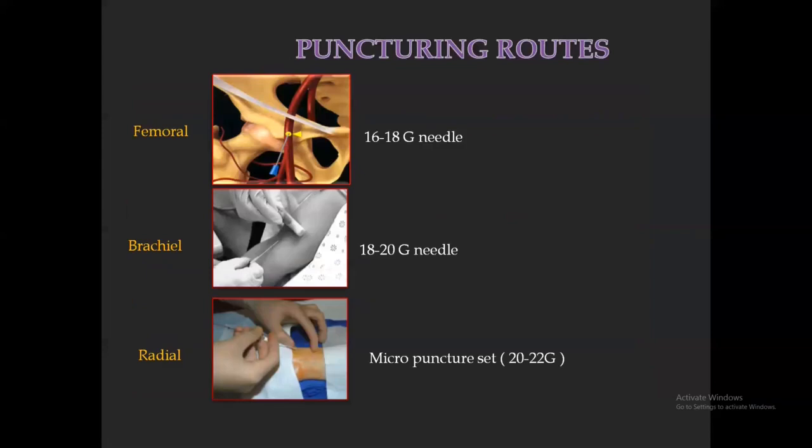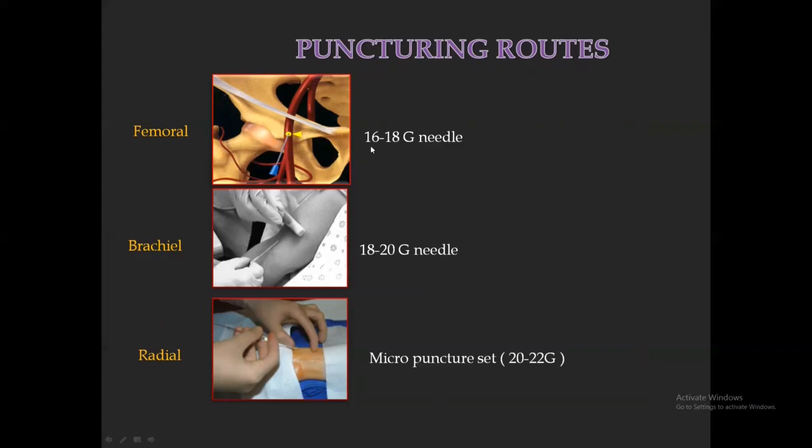Then how do we perform an angio? We will make a small incision on the skin. These are the areas where we do arterial puncture, either femoral, brachial or radial puncture. These are the common arteries which we puncture to perform the angio. If it is the femoral artery, it will be exactly over the femoral head area.